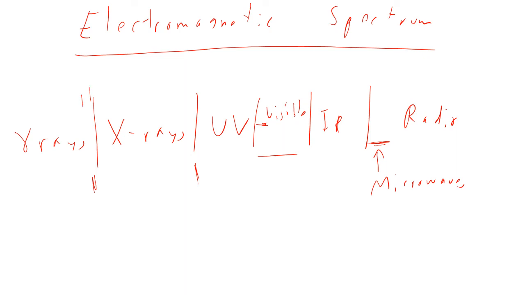Whatever is convenient. Infrared light goes up, and again, long wavelength infrared is very hard to distinguish from very short wavelength radio waves, microwaves, and so the delineator in there is somewhere in the neighborhood of a centimeter or so.